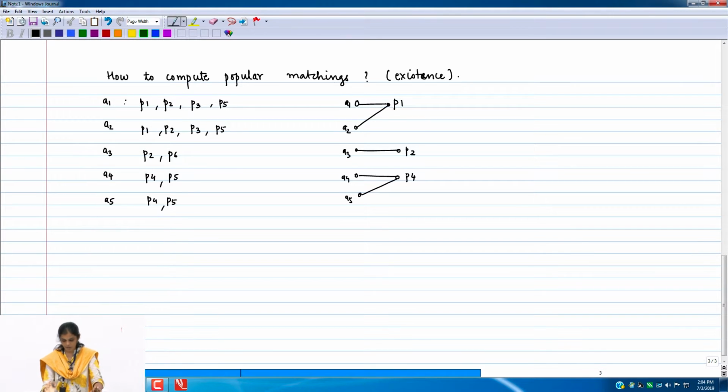If this graph happens to admit a matching where every applicant is matched, then we are very happy because that matching cannot be beaten by anything. Everybody gets its top choice, just like in the stable matching.